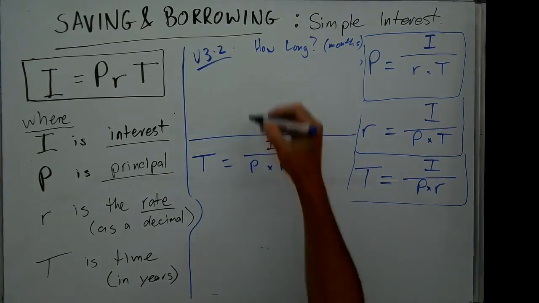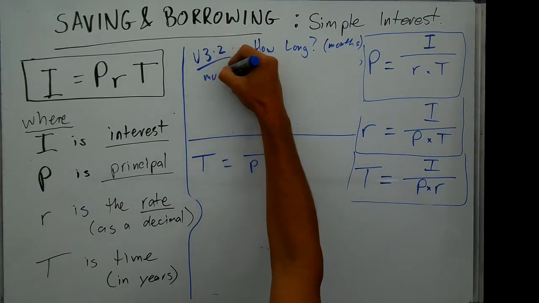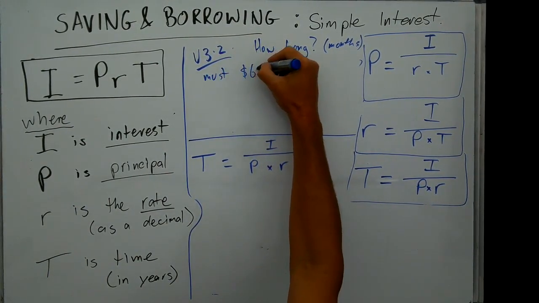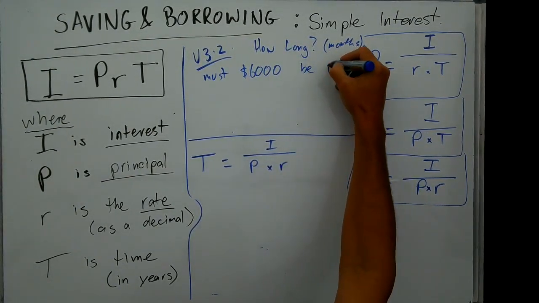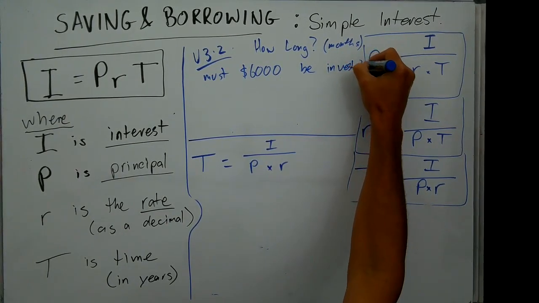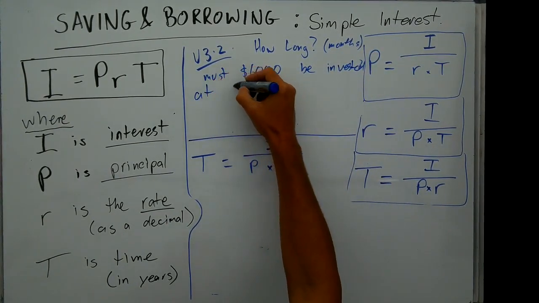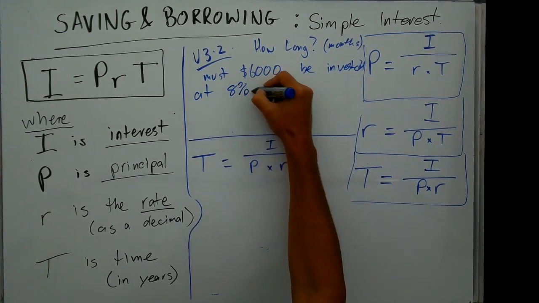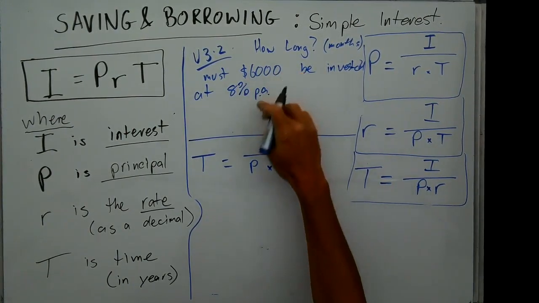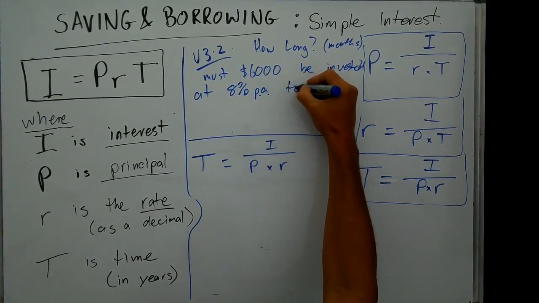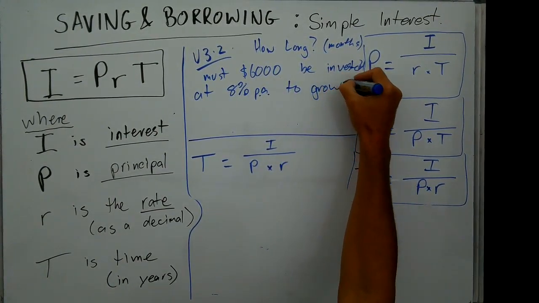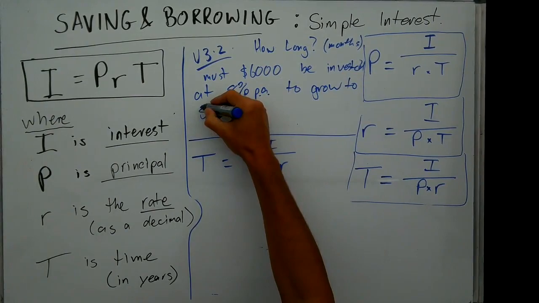How long in months must $6,000 be invested at 8% per annum, this means per year, to grow to $8,000?